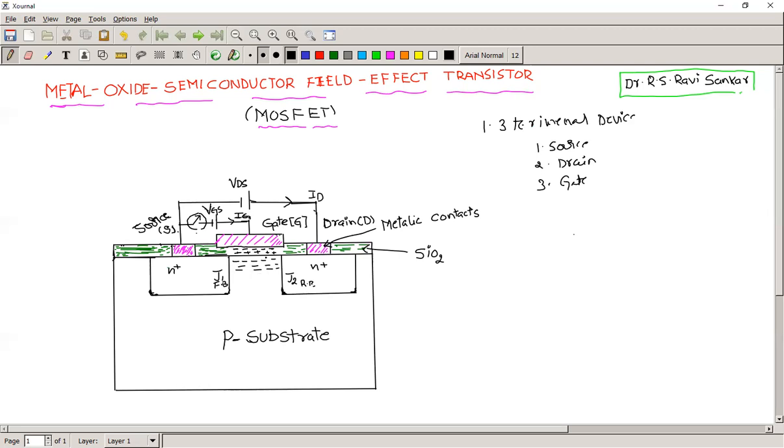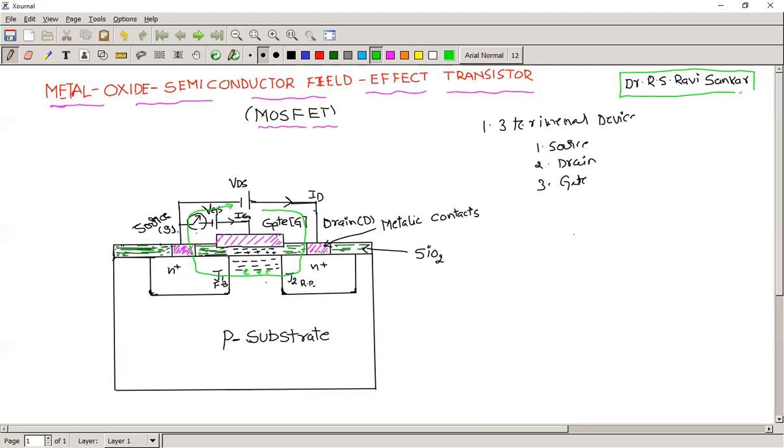Because of this accumulation of the electrons, the junction J2 breaks down. Once the junction J2 breaks down, there is a current passing from the source, drain, junction J2, J1, in this manner. When you are applying the gate voltage here, these are nothing but electrons.